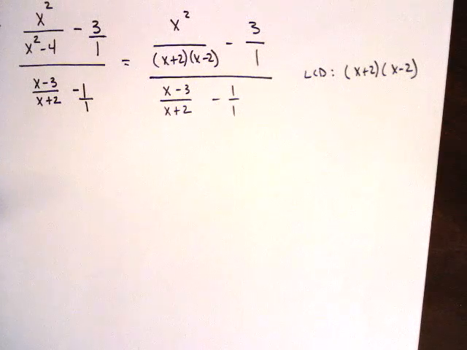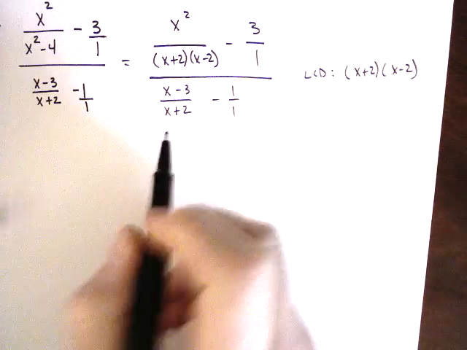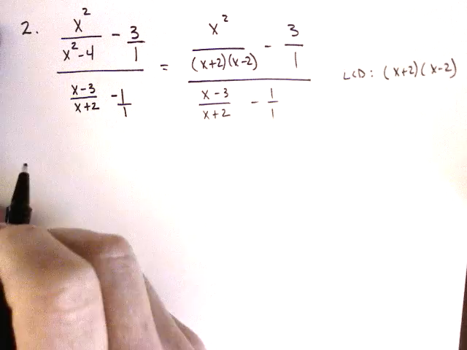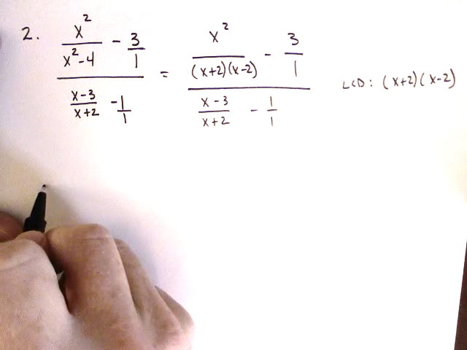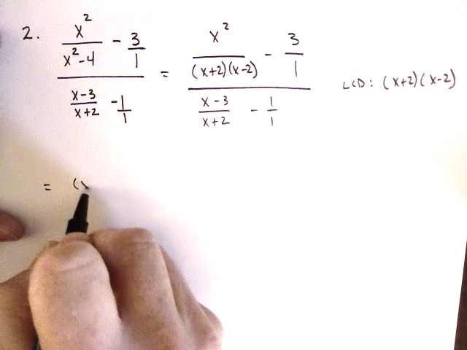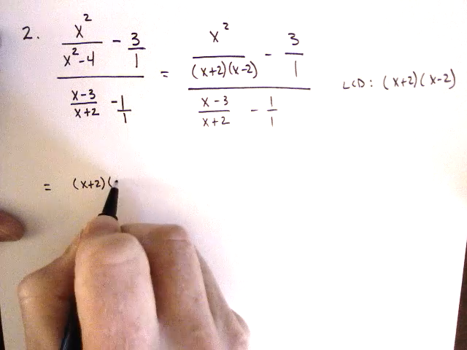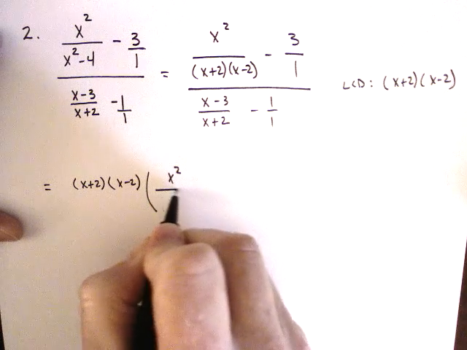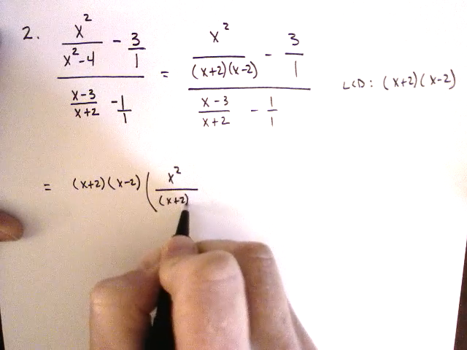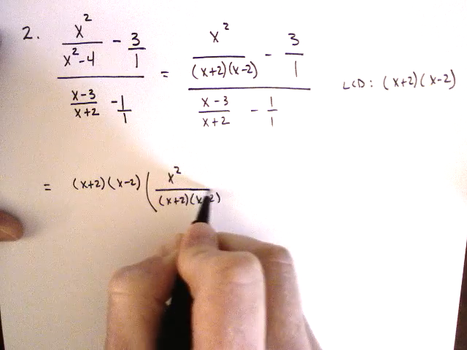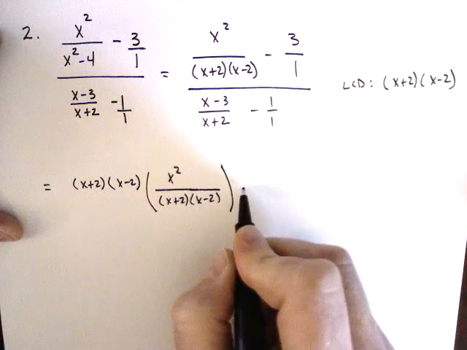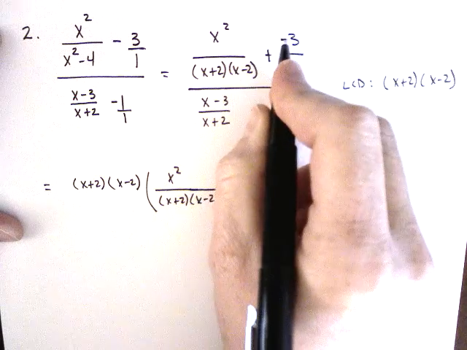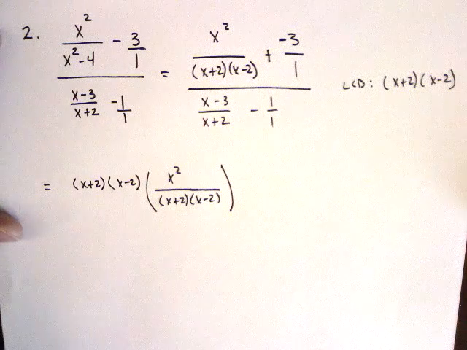Okay, so we're going to take this expression and multiply it by every expression in the numerator and the denominator. So we'll come down here and I'll write it out as x plus 2 times x minus 2 times x squared over x plus 2 times x minus 2. We'll make this a plus, and we'll change this to a -3 just so we keep that negative with that number.